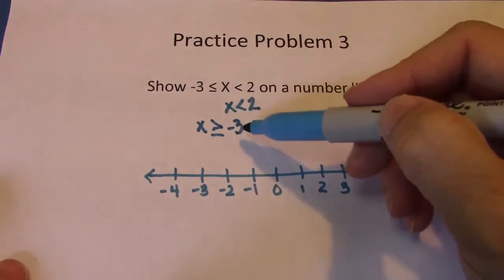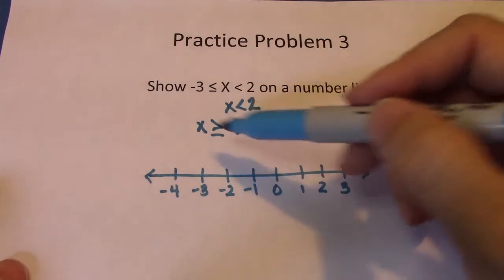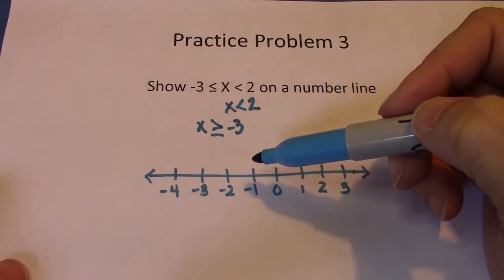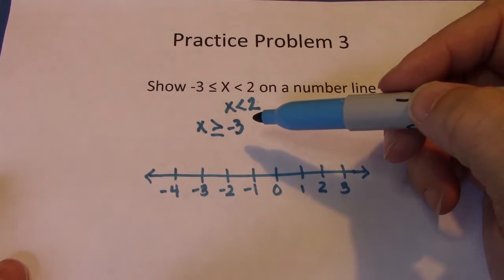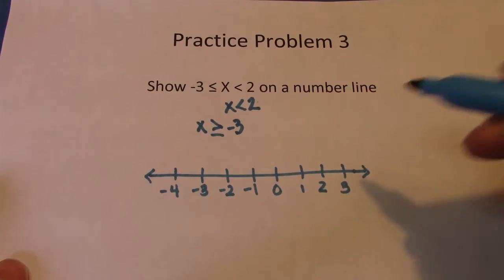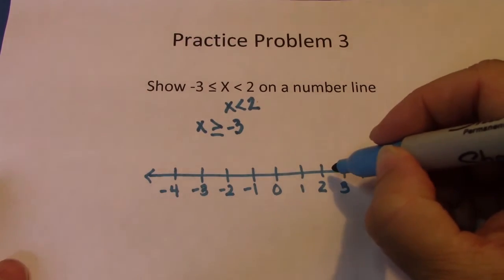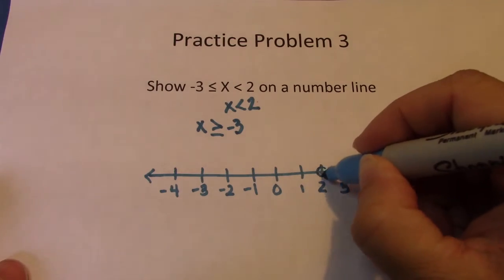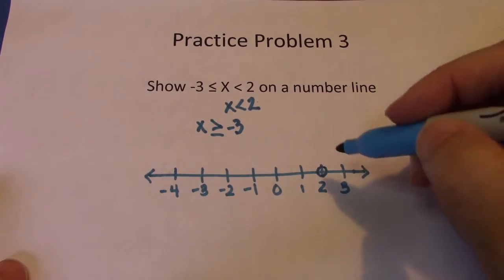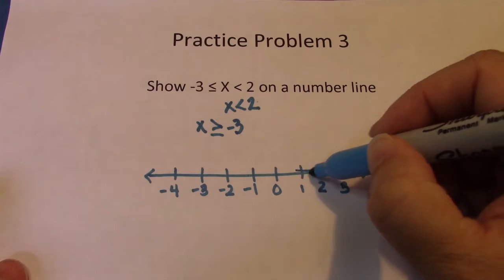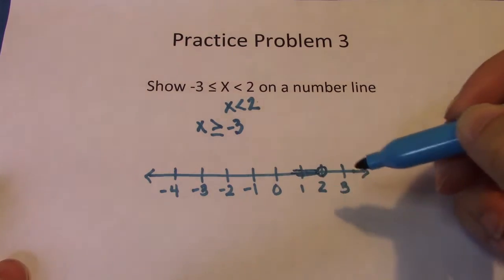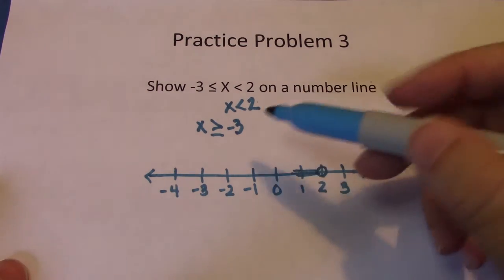You see, I've reversed this part here. I wanted x to be on the left-hand side. So let's start by drawing the first one, x less than 2. That means it's not equal to 2, so we're going to have an open endpoint here, and less than, meaning it's going to go in this direction. We don't know how far yet. We'll come back to that.